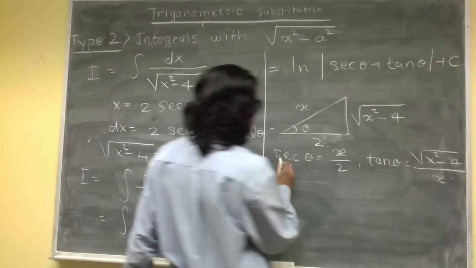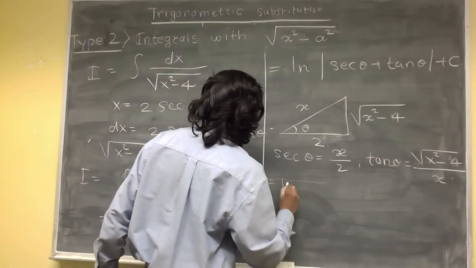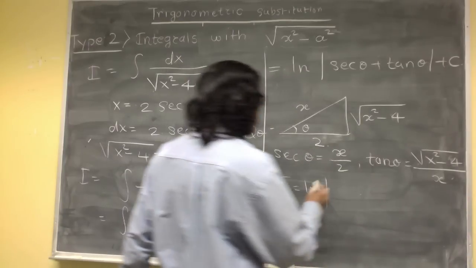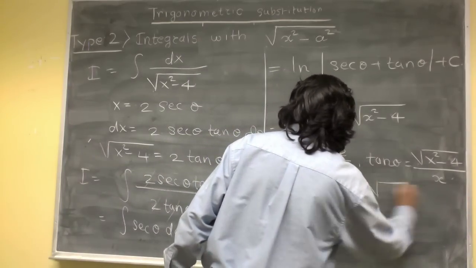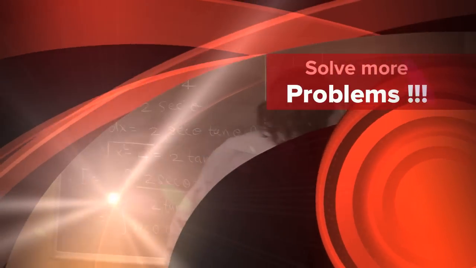So substituting these things into this natural log term, we get the answer as the natural log of absolute value of x over 2 plus square root of x squared minus 4 over 2, plus the constant of integration.